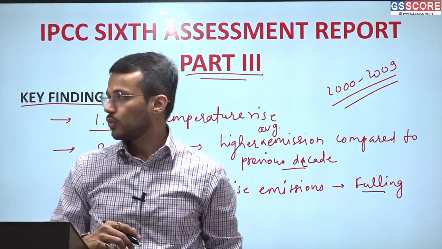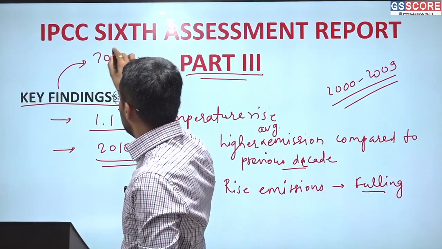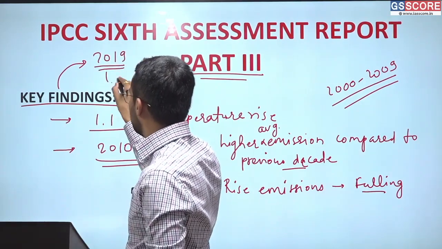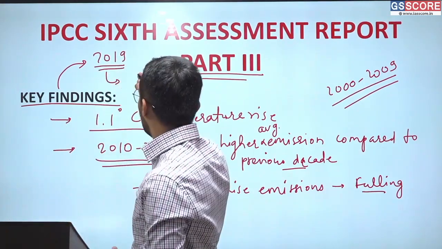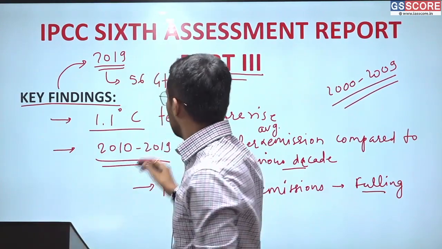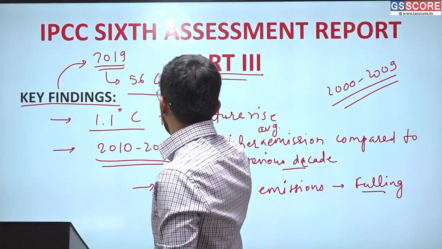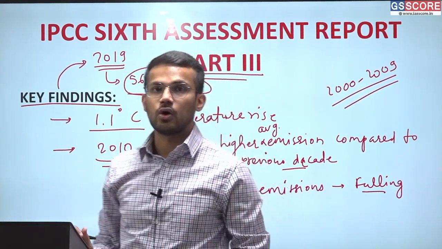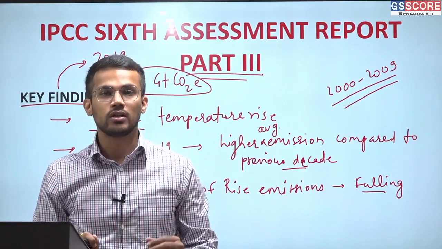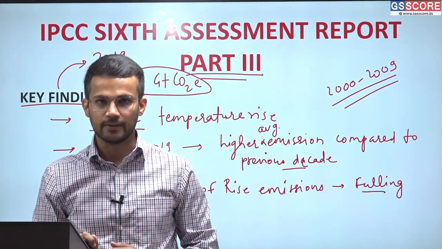Also, IPCC under this report has given the emissions of 2019, and in 2019 the emissions were 56 gigatons of CO2 equivalent. 56 gigatons of CO2 equivalent was the emissions of greenhouse gases in 2019.